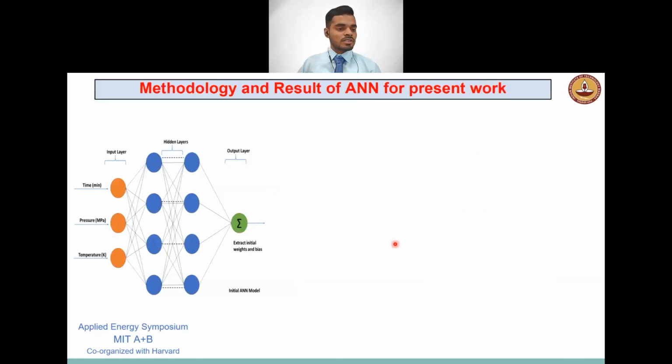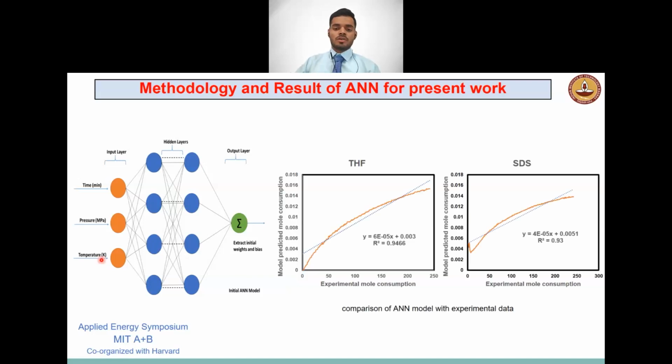Here we have used a three parameter model in which we defined time, pressure, and temperature as our parameters, and we tried different hidden layers for getting an artificial neural network. And towards the end, we got an R square value of more than 0.9 for both the kinetic and the thermodynamic promoter, which is demonstrated here.